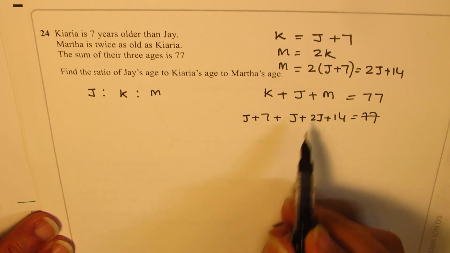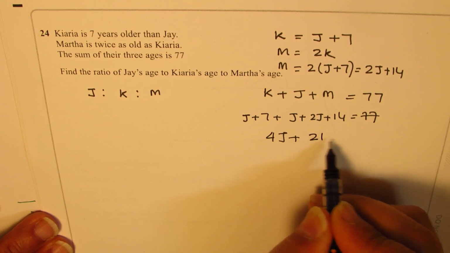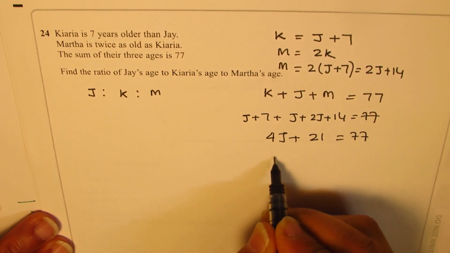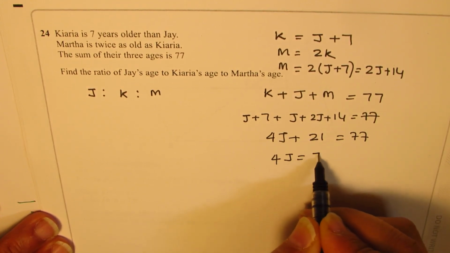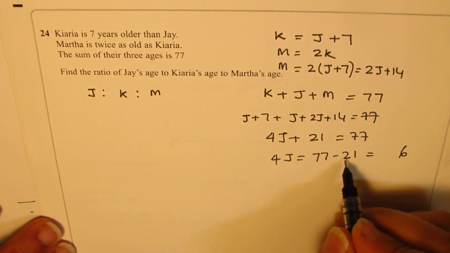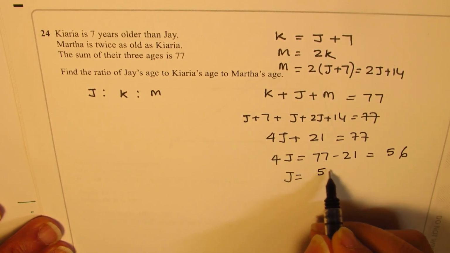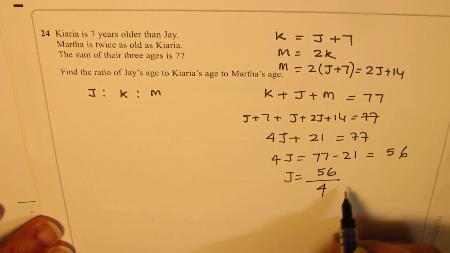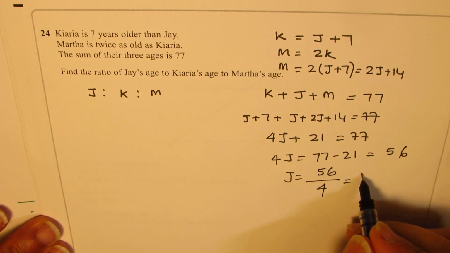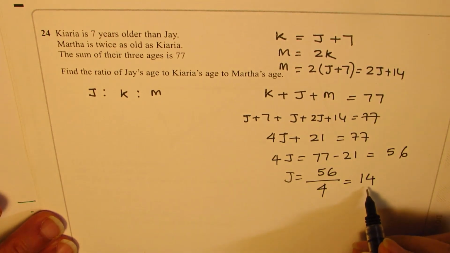So 1, 2, 3, 4J plus 21 is 77. 4J is 77 minus 21, which is 56. So J is 56 divided by 4, which is 14, right? So J is 14.